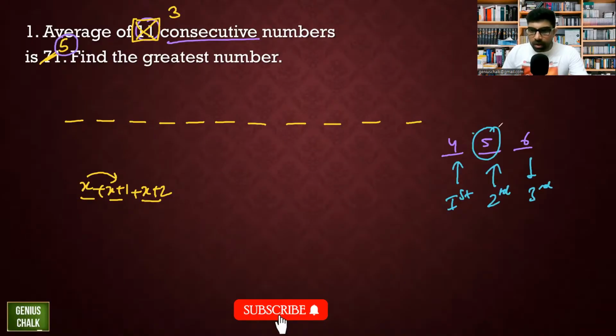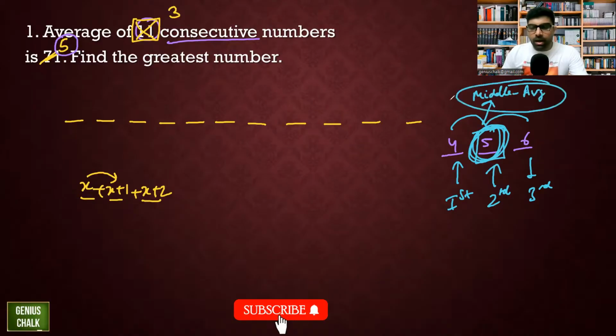And you see that this 5 is coming out to be my average by using that basic method. That means whenever I have 3 numbers and all these numbers are consecutive, then always remember the middle number has to be my average.